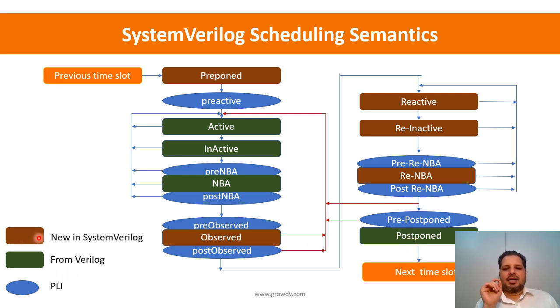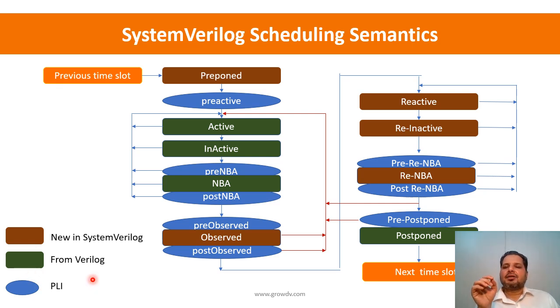And then the ones that are in the brown and the ones that are in the blue, both of them have been added in SystemVerilog, right? The ones in the brown are newly added to handle the SystemVerilog constructs that have been added for verification purposes, right? And the ones in the PLI, we will talk about it.